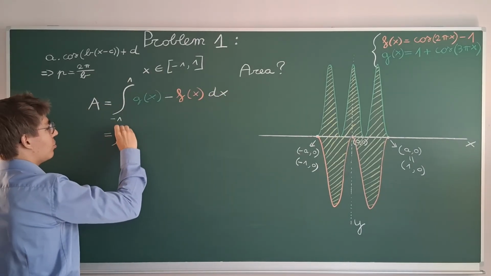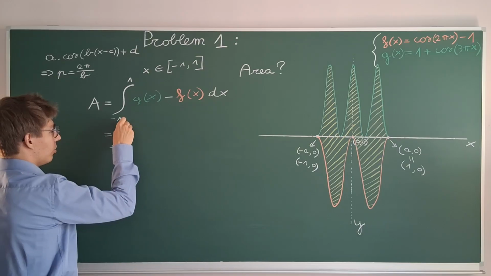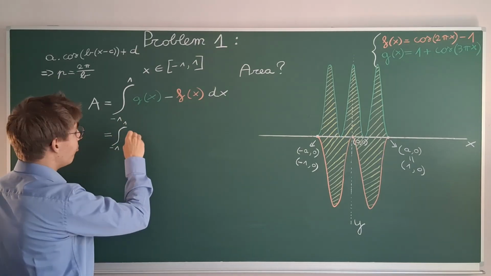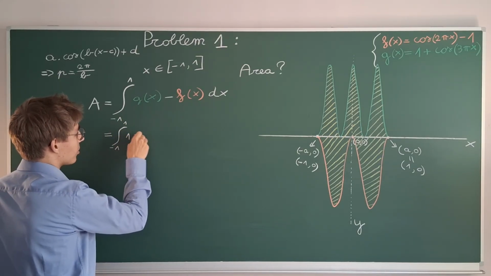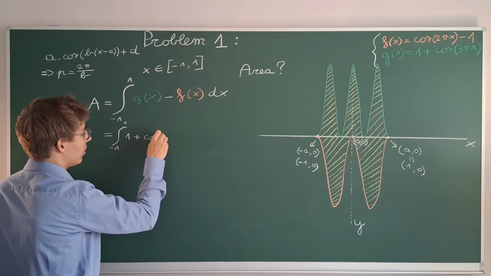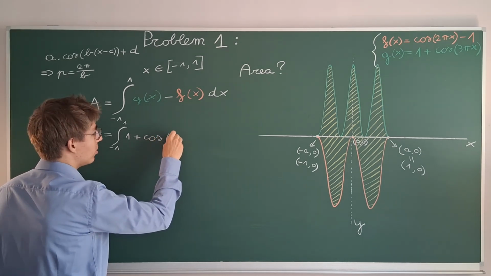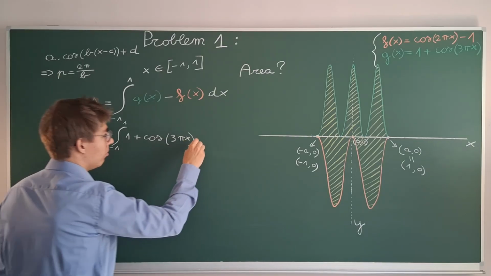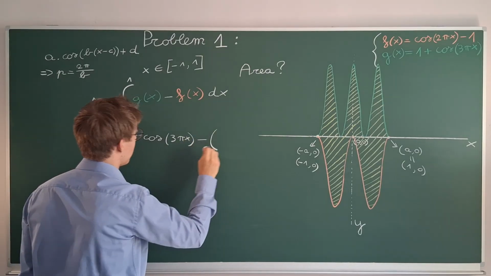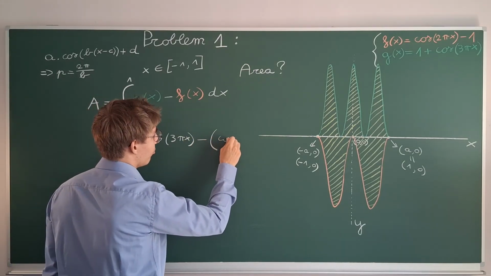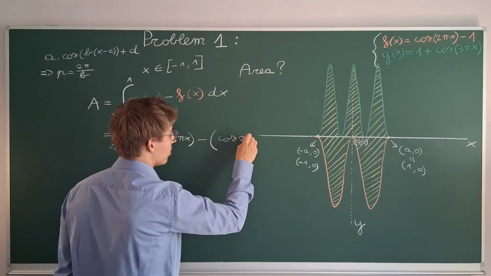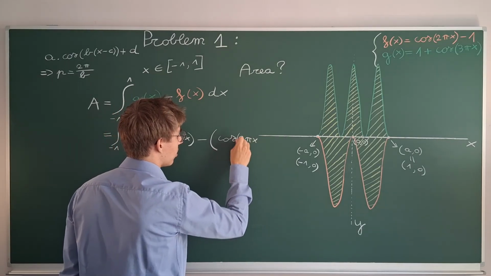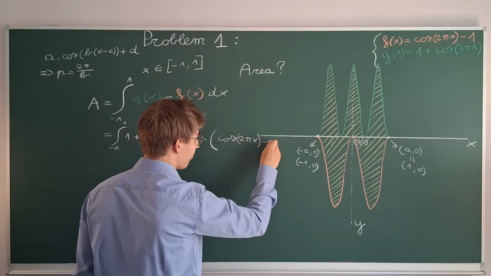So this is equal to the integral from minus 1 to 1 of 1 plus cosine of 3 pi x minus cosine of 2 pi x minus 1.